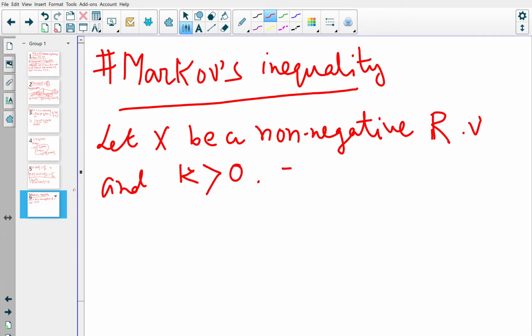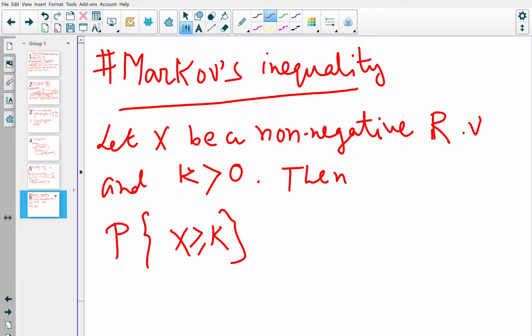Then the probability that X is greater than or equal to k is upper bounded by the expectation of X divided by k. This is a simple inequality, but it will immediately imply the Chebyshev inequality. So let us first give a proof of Markov inequality.